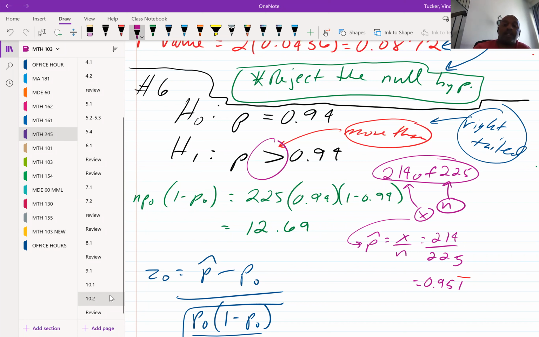And what dictated that we use the greater than symbol was them saying more than. Remember that goes back to, like I said, chapter 7: if they say less than, use the less than symbol; more than or greater than, use the greater than symbol. If they say different, they want to test to see if it's different, then we would use not equal to, because that means it's not going to be equal to, or it's going to be different. All right.